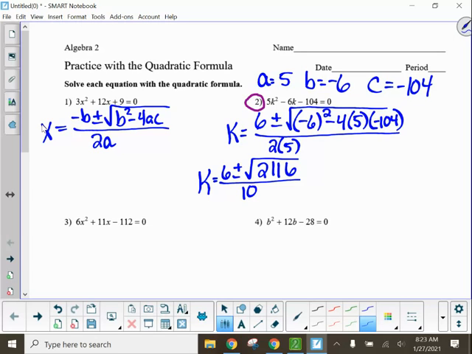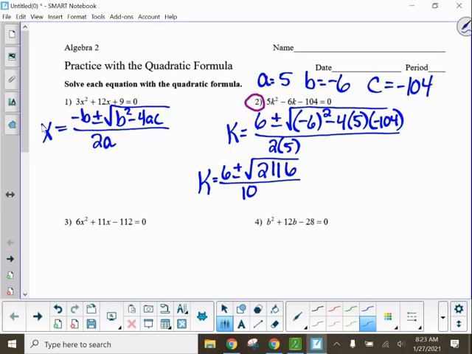Now, if you don't know if the number that you get inside the square root is a perfect square, because in the lesson where we looked at the perfect squares, we actually only looked up to 400, where the square root of 400 was 20, this is 2116. Always type it in your calculator and see if it's a perfect square. If it's not a perfect square, you'll have to reduce the radical like we did in the beginning of 2-4.